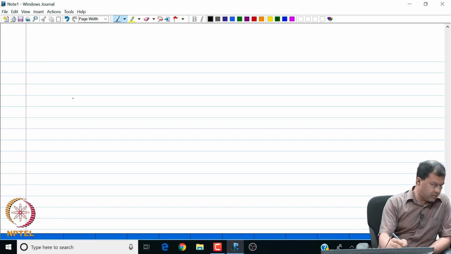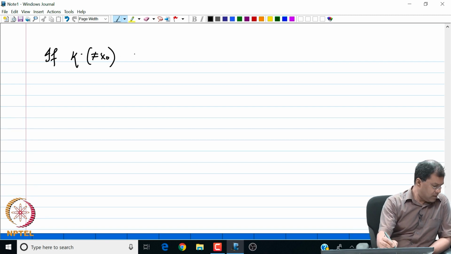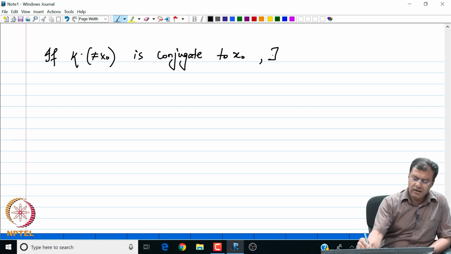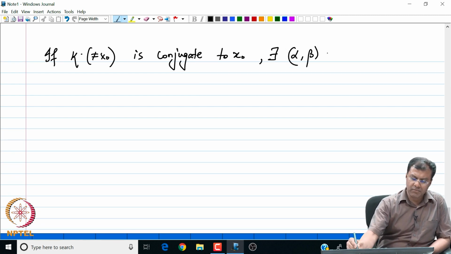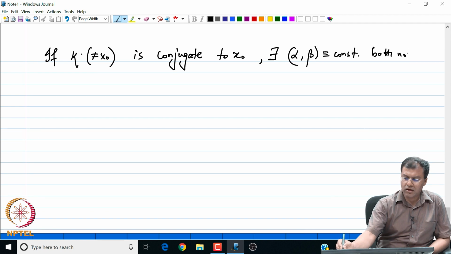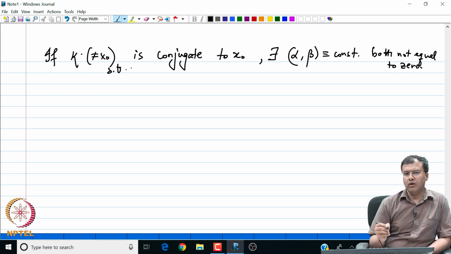Suppose kappa, not equal to x naught, is a point which is conjugate to x naught. Then there exist certain constants alpha and beta, both not equal to 0, such that the solution to the Jacobi accessory equation vanishes at these two points.